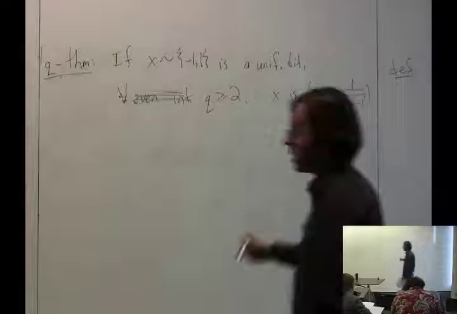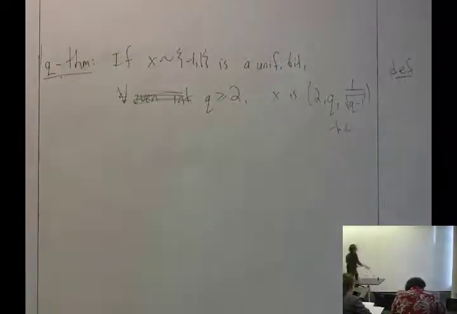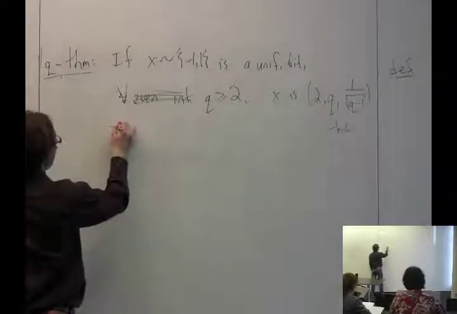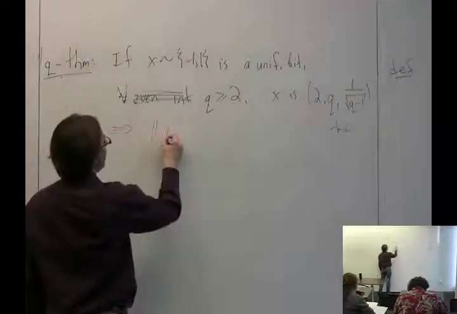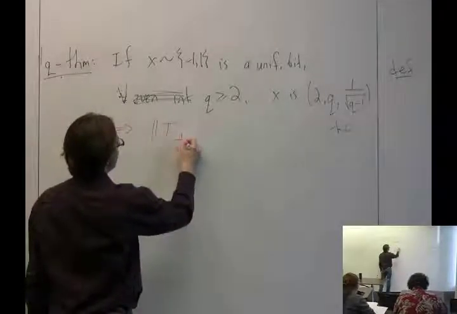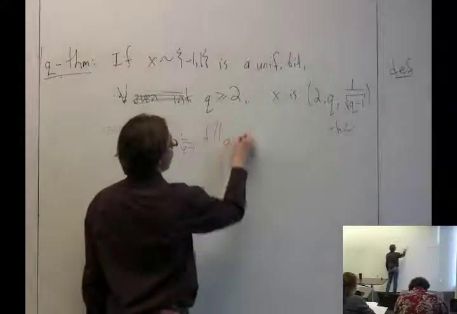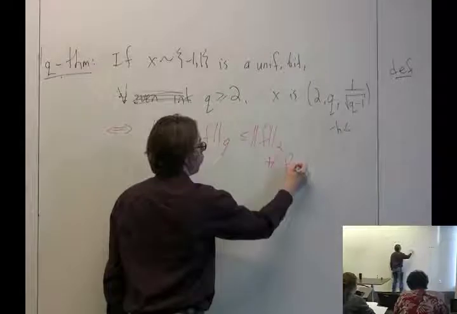In fact, once we get this to be true, then, as I'll show you, this is literally equivalent to saying that T 1 over root q minus 1 f q norm is at most f 2 norm for all 1-bit functions f.